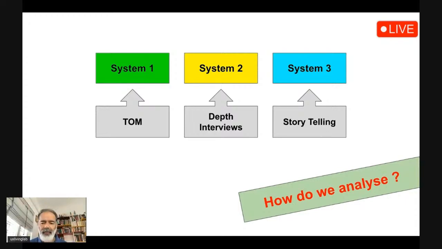Otherwise, a UX designer can't analyze what is happening inside the consumer's mind. But the consumer's mind is a very complex process, very difficult to differentiate between when system one is happening, when system two is happening, and immediately it goes to system three. System three is very easy to differentiate, but between system one and two, it is very difficult.